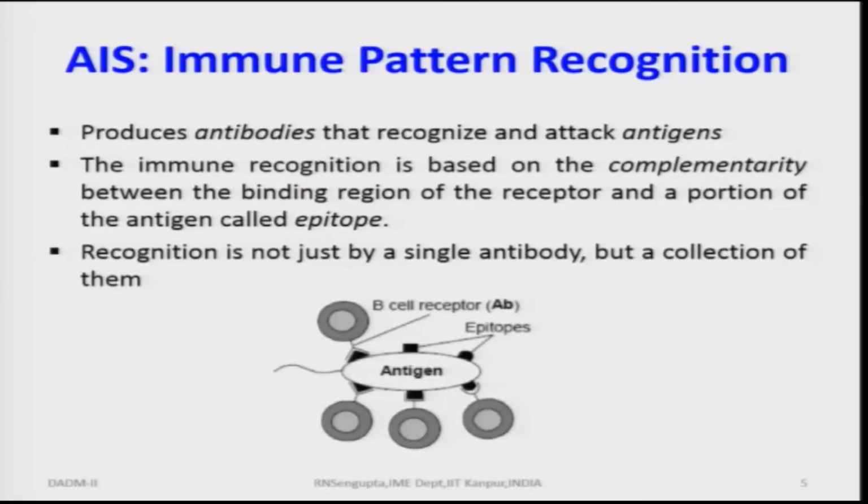So, in the AIS, on the immune pattern recognition concept, they produce antibodies that recognize and attack the antigens. Pathogens which are coming will be attacked and I will be able to replicate and build accordingly. The immune recognition is based on the complementarity between the binding regions of the receptor and the portion of the antigen called the epitope.